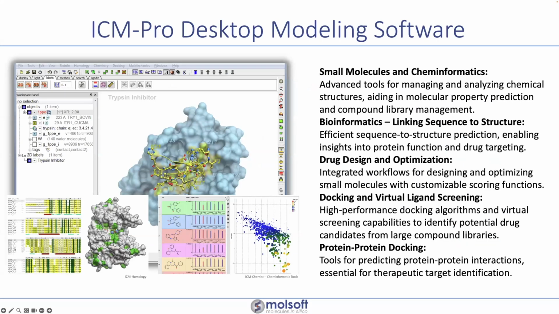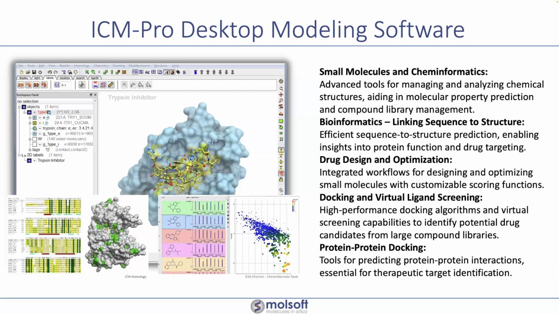The ICM Pro desktop modeling software. We're today just focusing on the ligand editor, but there's a whole variety of tools for molecular visualization and for X-ray structure analysis, so you can read in maps and build biomolecules.